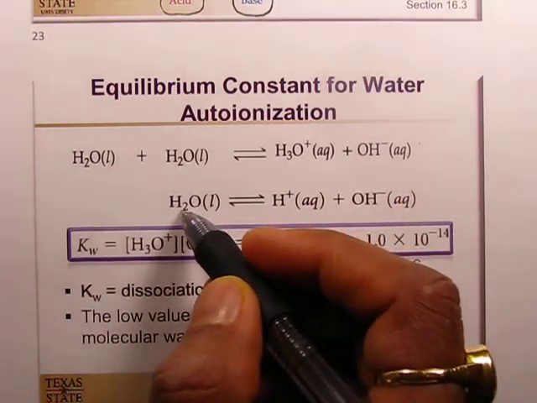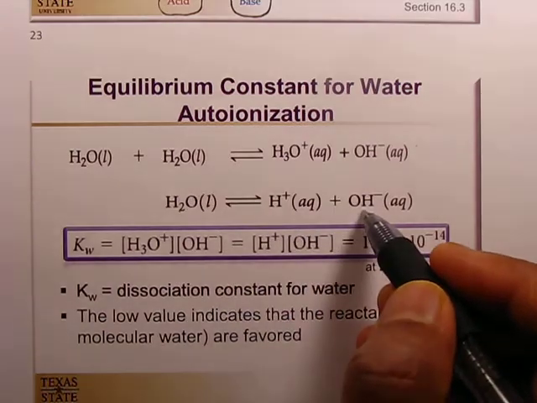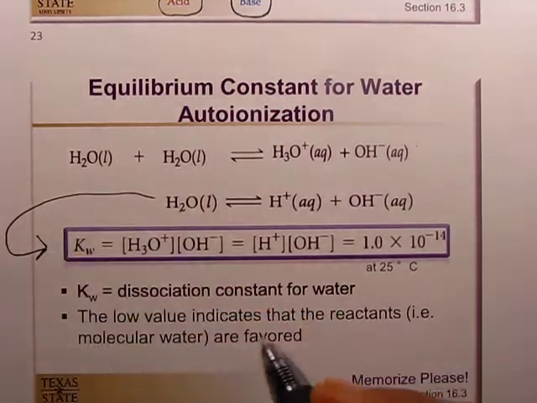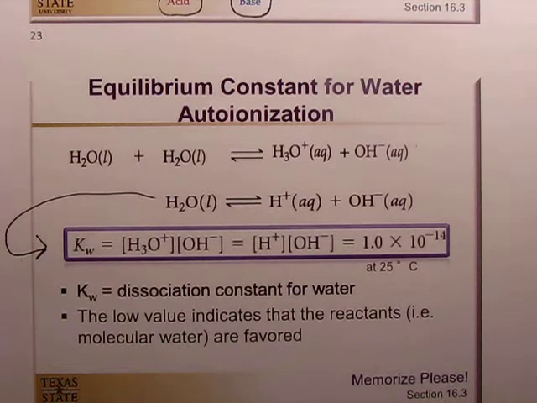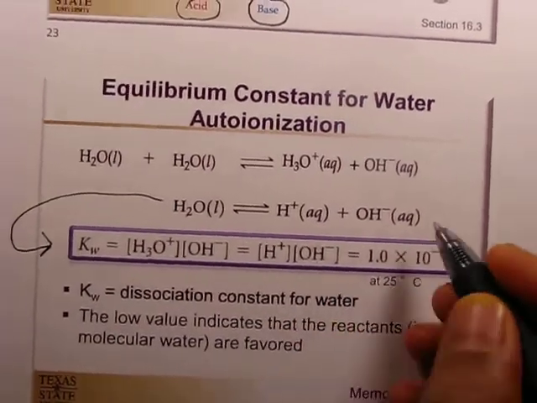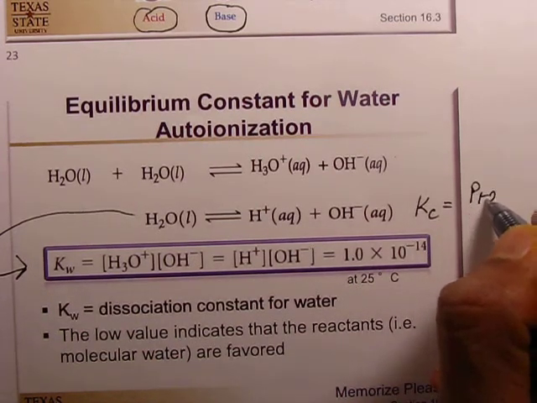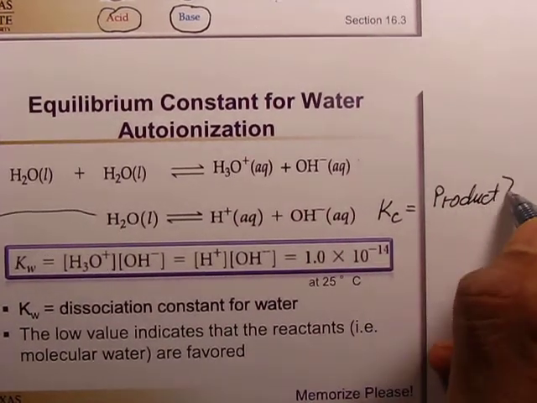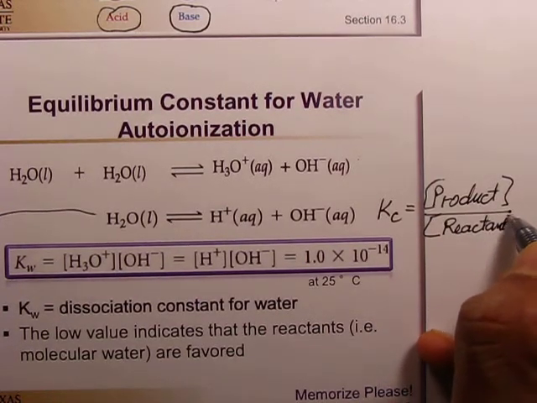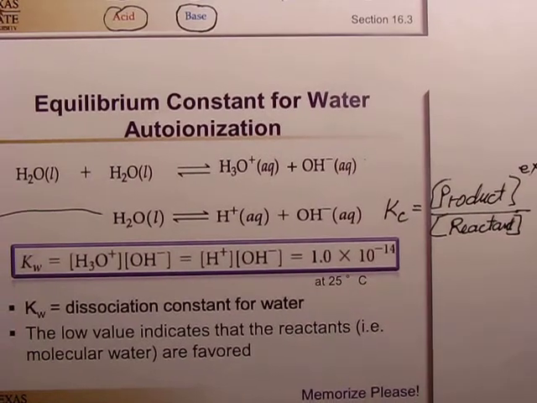In general, we can write only one reaction, that water is ionizing into hydrogen ion and hydroxyl ion, and if we write the equilibrium constant for this reaction, if you remember, whenever we are writing Kc it is products divided by reactants, with exponents whatever is there.